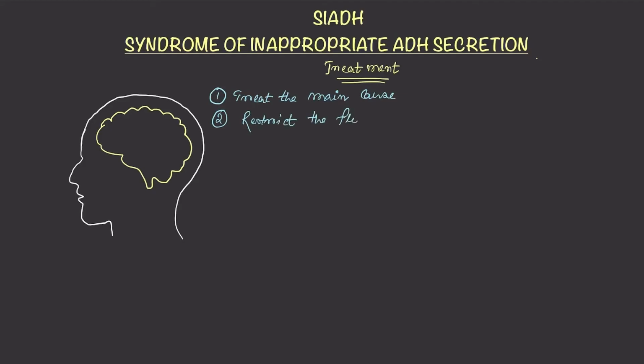Restricting fluid intake lowers the blood volume, and that lowered blood volume triggers the release of aldosterone. This aldosterone increases sodium ion reabsorption from the kidney and tries to restore the sodium level in the blood.